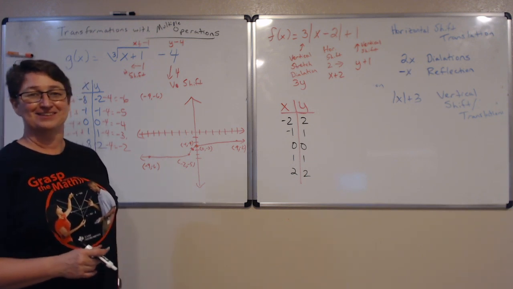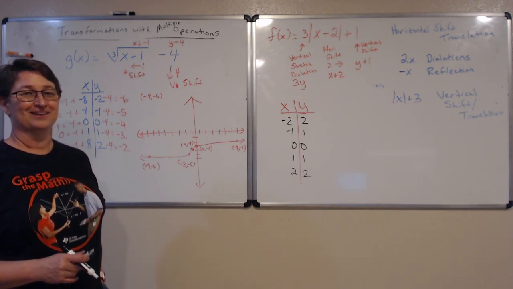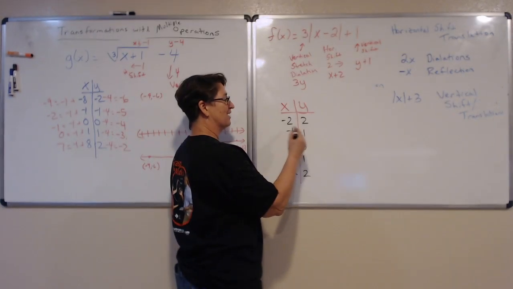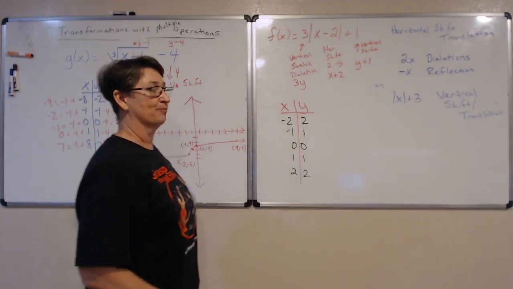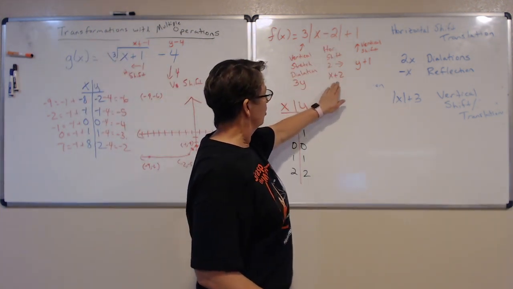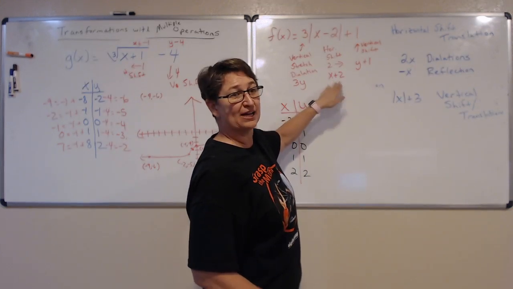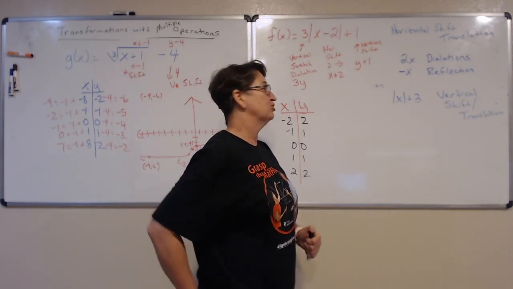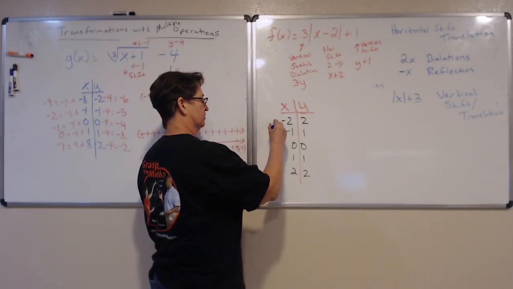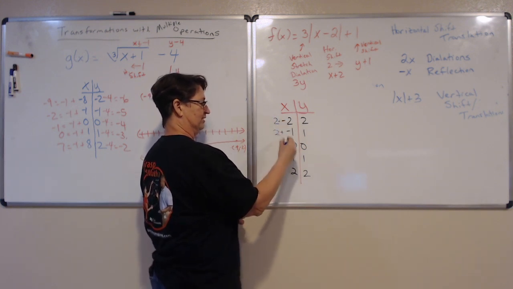Y'all got it? Okay, now I'm going to take them and I'm going to do them in the right order. So first I'm looking inside here. I'm going to do this horizontal shift first, or I'm going to add 2 to all my x values. So let's add 2. You can put a little plus if you want, but it kind of negates it.